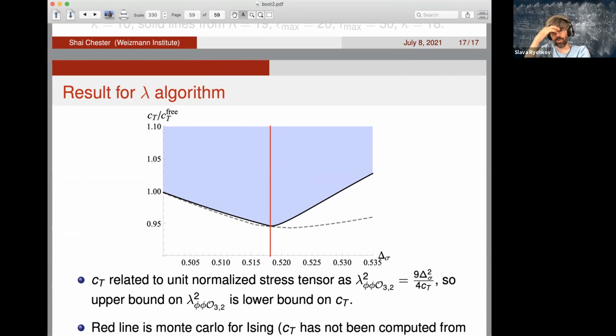It was not SDPB, it was another algorithm. So at every step of minimizing C, we were moving from one solution to crossing to another solution to crossing. There was not an exact solution to crossing, but a solution to a given order in the ZZ bar expansion around the crossing symmetric point. So it was a primal algorithm.